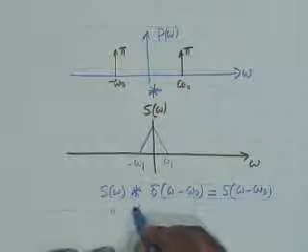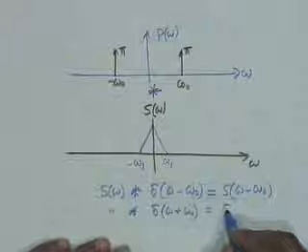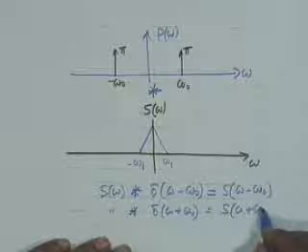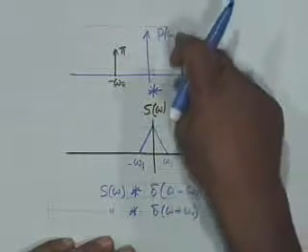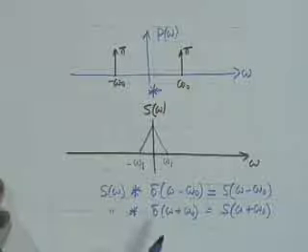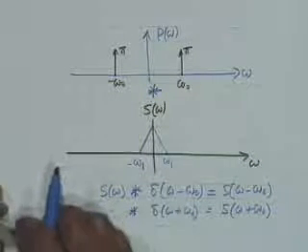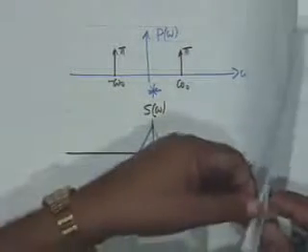Similarly, S of omega convolved with delta of omega plus omega naught is simply equal to S of omega plus omega naught. In other words, what we get by convolution of P of omega with S of omega are two such triangles centered at plus omega naught and minus omega naught.